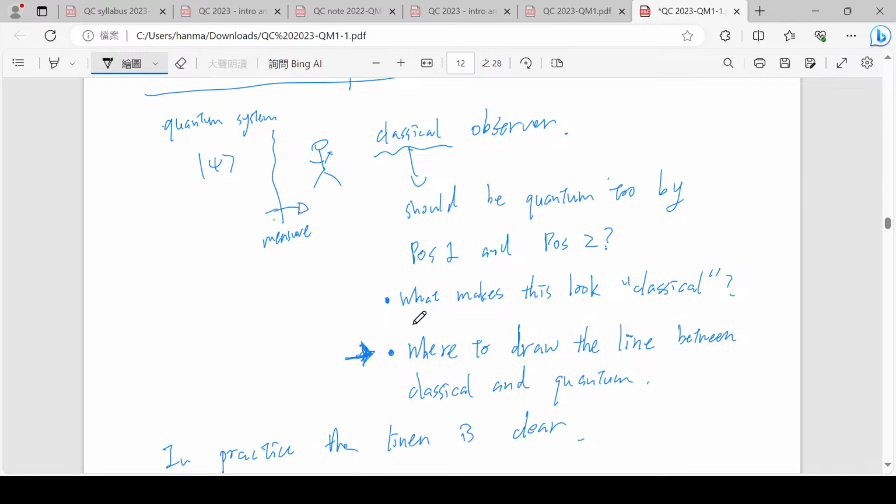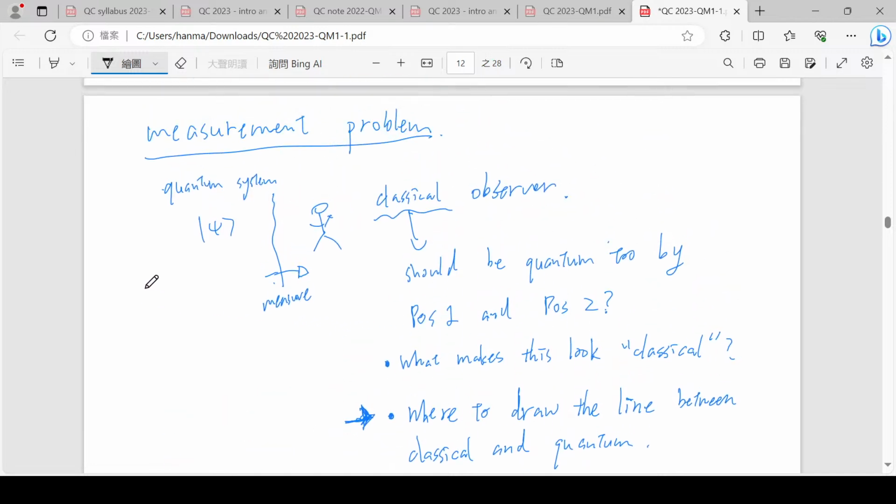But there is another problem, which is where do you draw the line? Because you really feel yourself is classical, you don't think yourself is in superposition or something. And this is really the measurement problem.